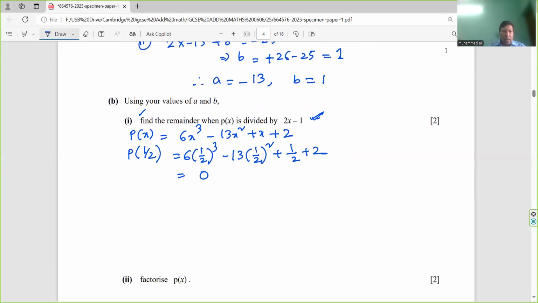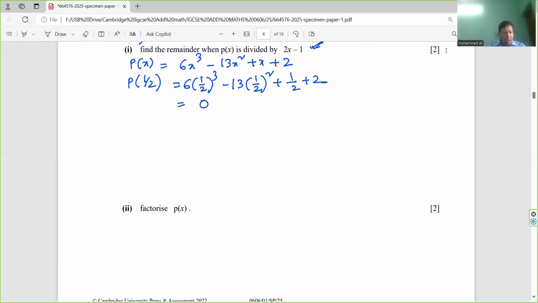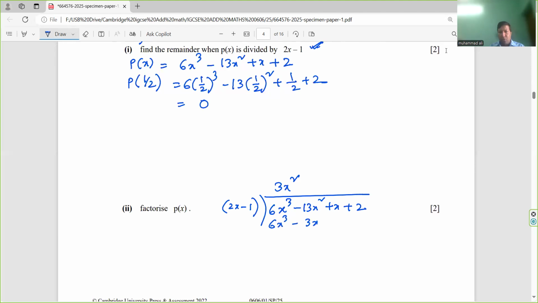Okay. Now part 2, factorize p(x). So 2x minus 1 is the factor. So by this factor, we can divide 6x cubed minus 13x squared plus x plus 2, long division. If we multiply by 3x squared, it will be 6x cubed minus 3x squared.